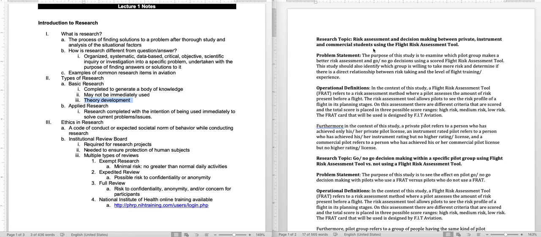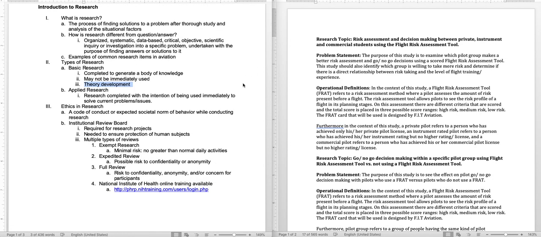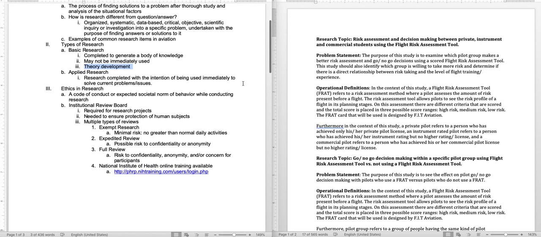Sitting in a lab and figuring out what next screen they're going to use would be applied research rather than basic research. So that's the example of basic research versus applied research. Basic research is mostly data-driven and data collection, whereas applied research is figuring out a solution to a problem using actual hardware and things like that.